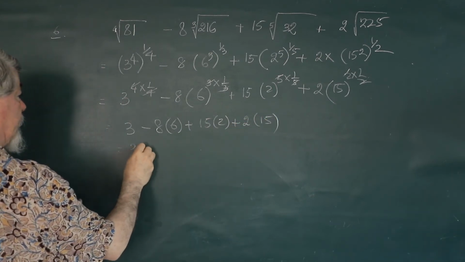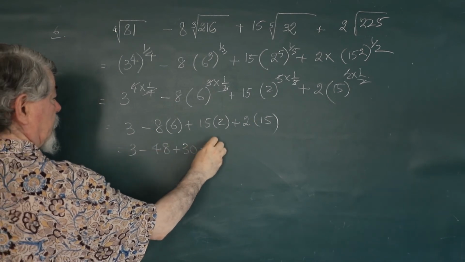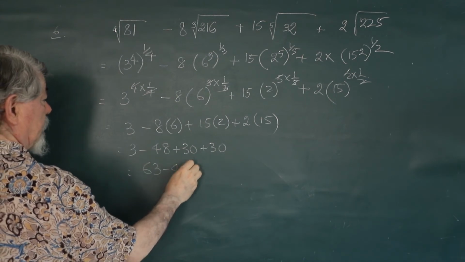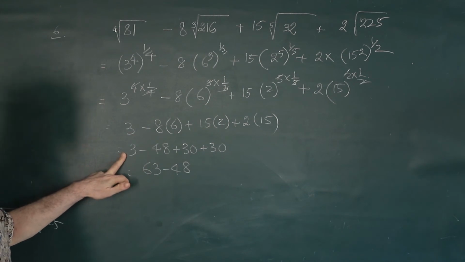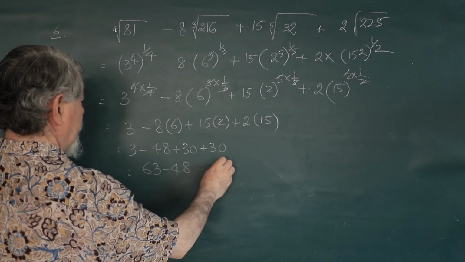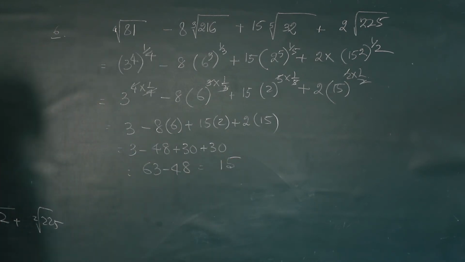That is 3, 8 6s are 48, 15 2s are 30, 15 2s are 30. So it is 63 minus 48, because 30 plus 30 is 60, 60 plus 3 is 63, 63 minus 48. It will be left with 15. The answer will be 15. Please understand clearly here.